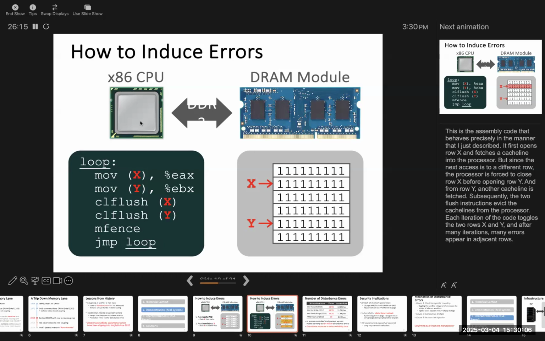Now we said we do CL flush to remove the data from the caches. The data will be removed from here, but the DRAM controller itself has a buffer, which is known as the fill buffer.